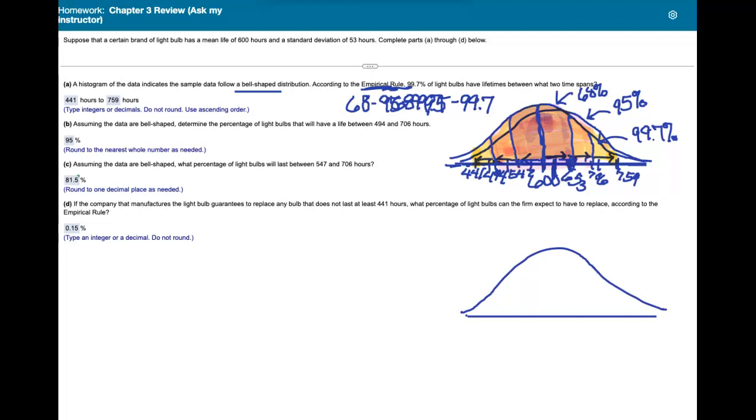So this is my mean. This was one standard deviation to the left. And then we're going to go out two standard deviations to the right.